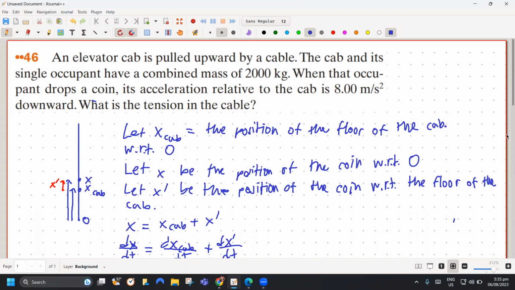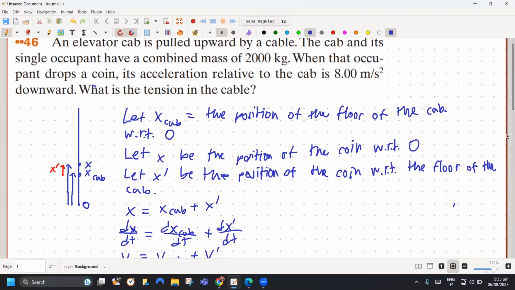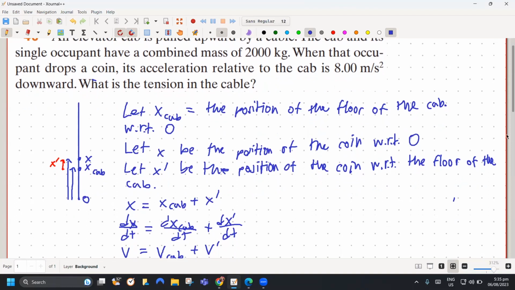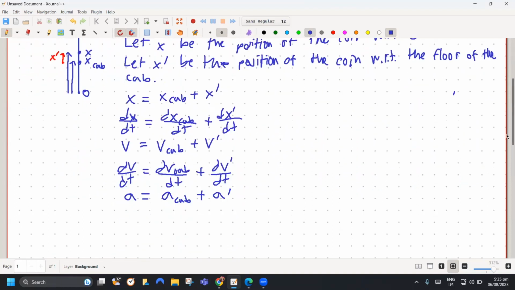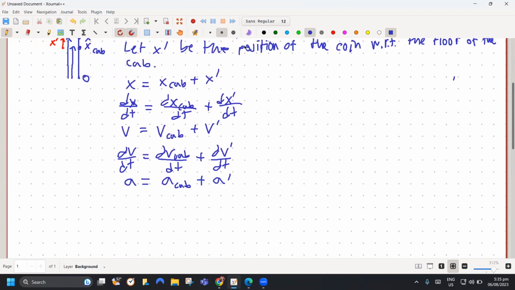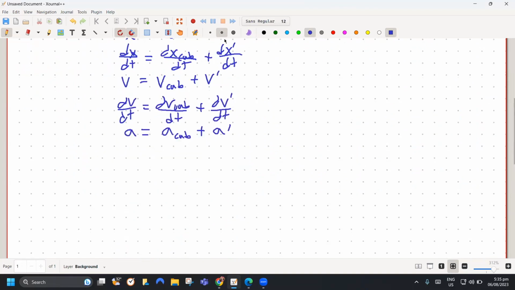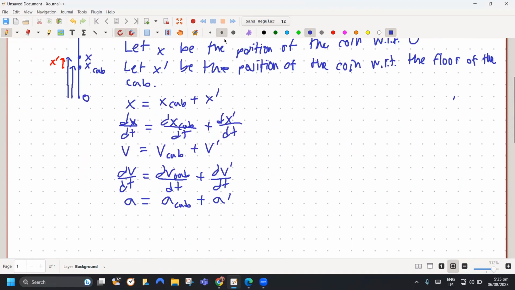Pwedeng paki-move downwards para matingnan natin yung equations mo. Stop scrolling. Ayan. So, we have one equation involving the accelerations. Tingnan natin yung tatlong yan. Alin dyan yung unknown?